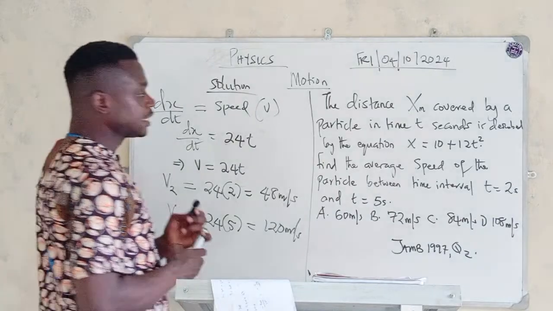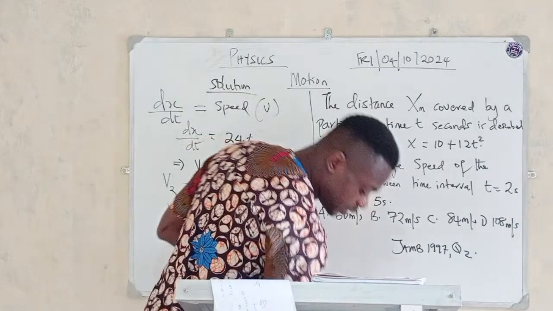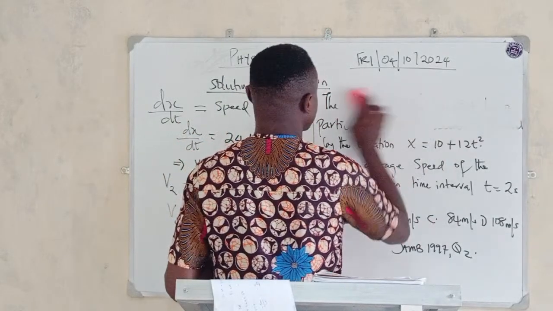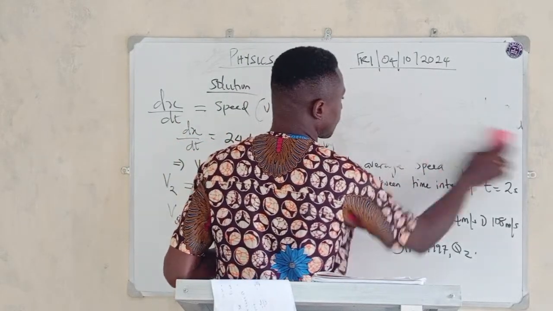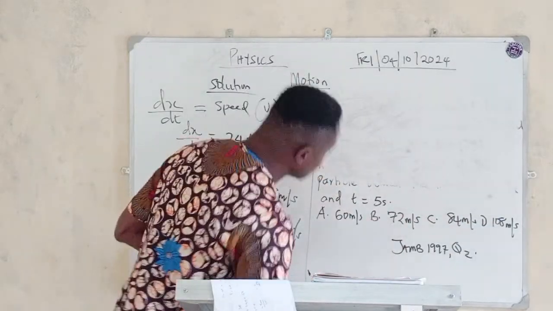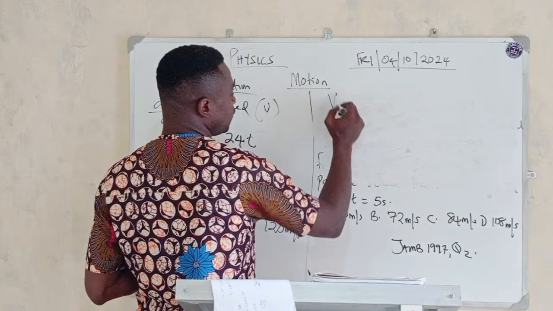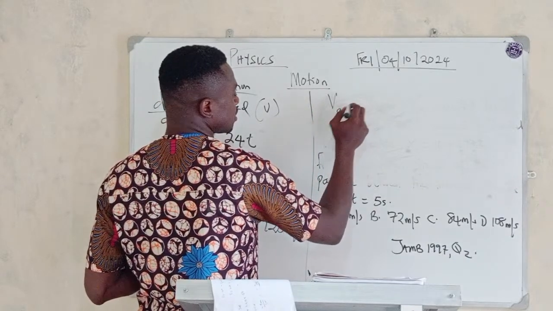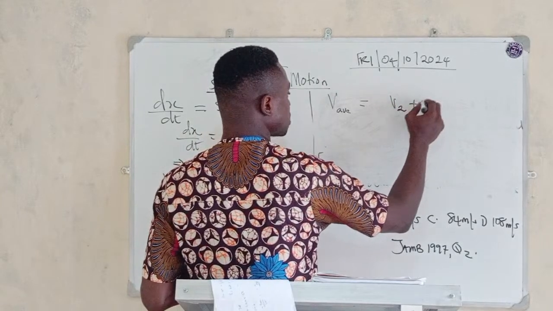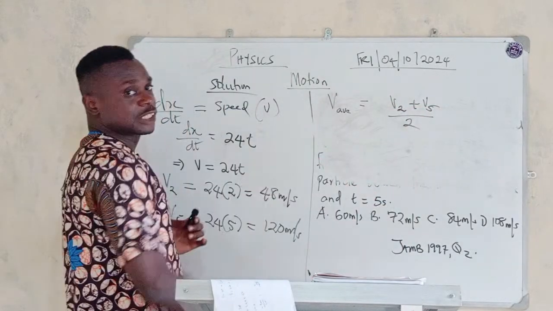The question said we should calculate the average speed. So we are going to find the average of the two speeds. So the average speed, V average, is equal to V2 plus V5 over 2. This is the average speed.